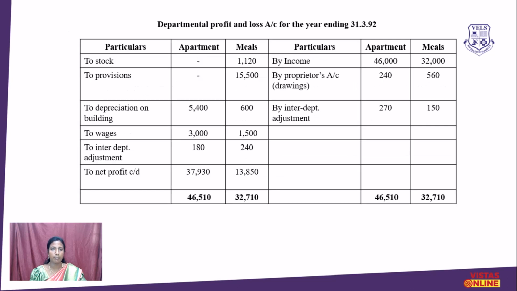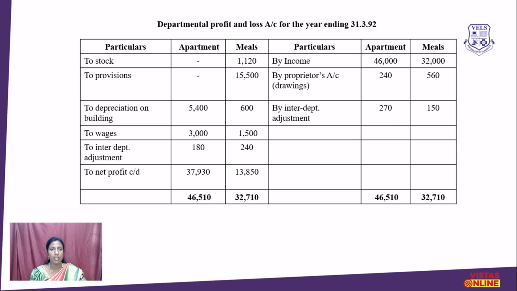That is the departmental profit and loss account for the year ending 31st March 1992. In this profit and loss account, all the expenses and all the revenue of both departments are mentioned. To stock, no value in apartment, 1,120 in meals department. To provisions, no value in apartment, 15,500 in meals department.